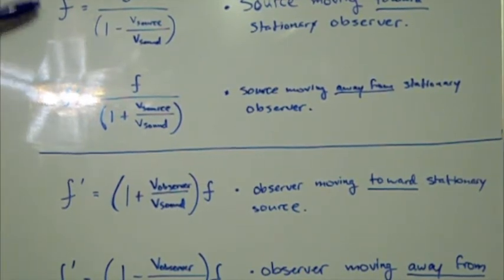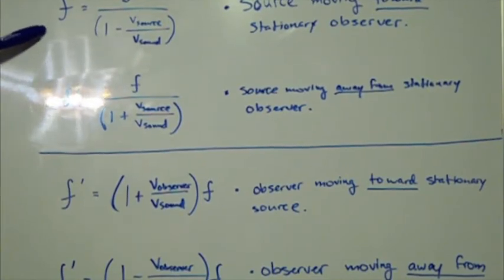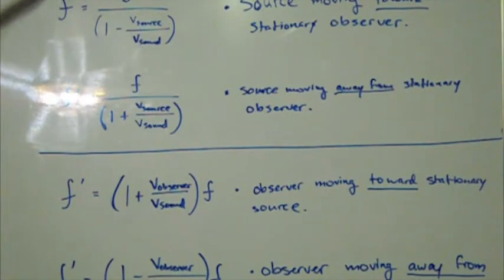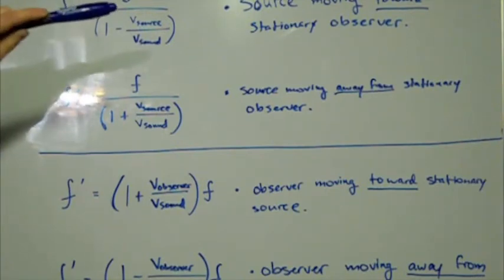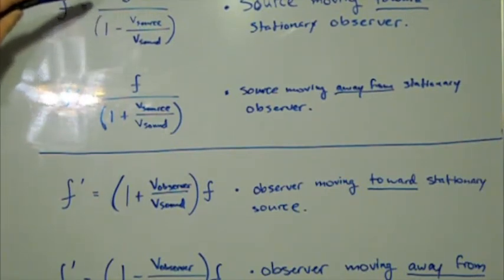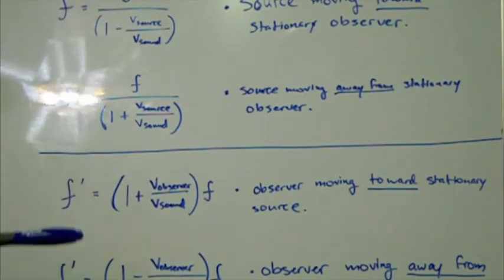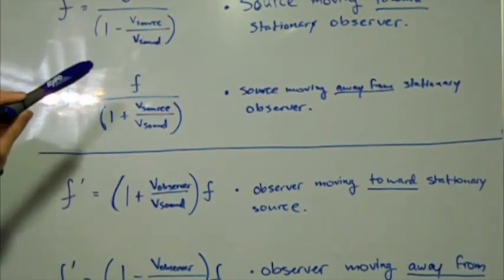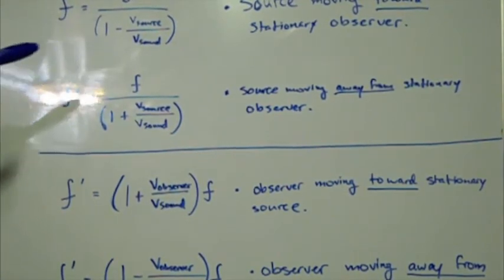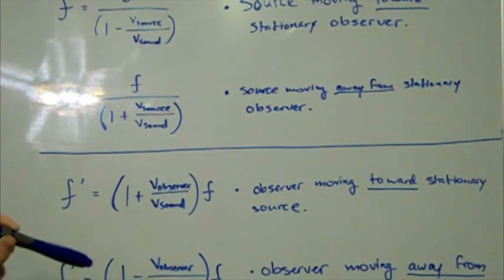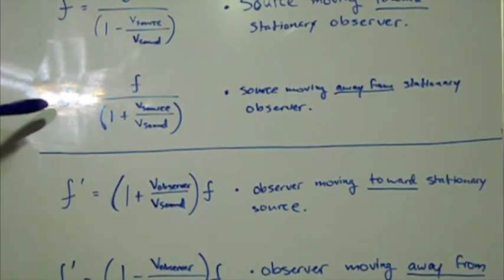For the source moving toward a stationary observer, we use the formula f prime is equal to the given frequency over, in parentheses, 1 minus the fraction v source over v sound.